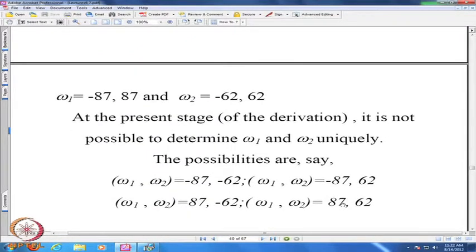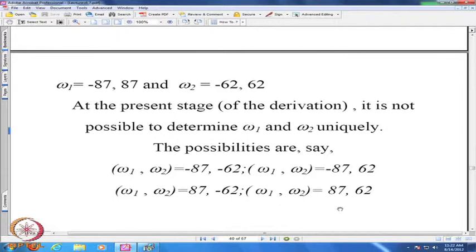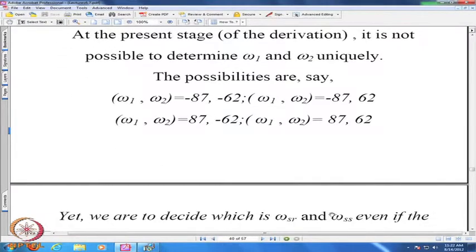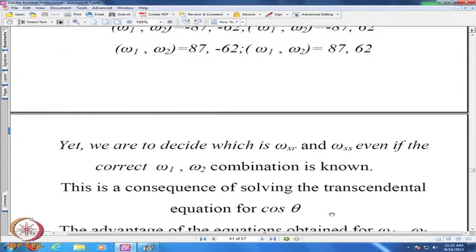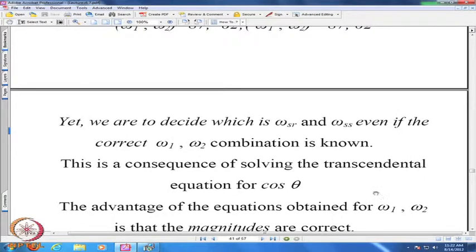The possibilities are, I may have minus 87, minus 62, which means it starts seeing the sun in the morning and stops seeing the sun in the morning itself, and vice versa, all 4 combinations are possible. Yet we have to decide which is omega s r and omega s s, even if the correct omega 1 omega 2 combination is known.